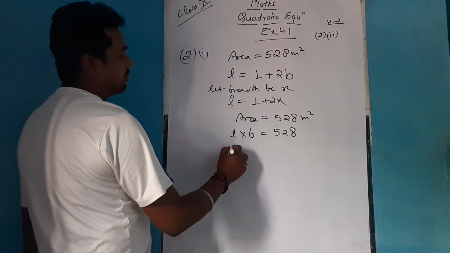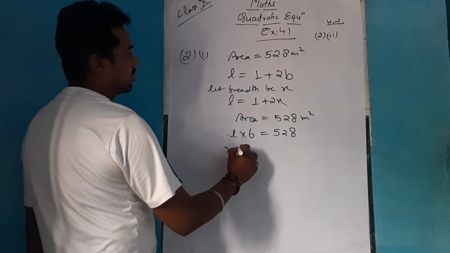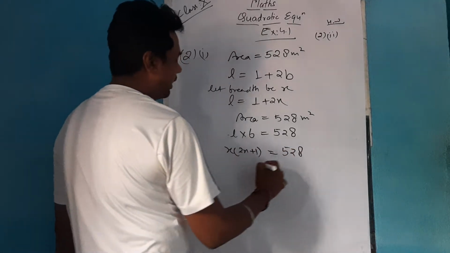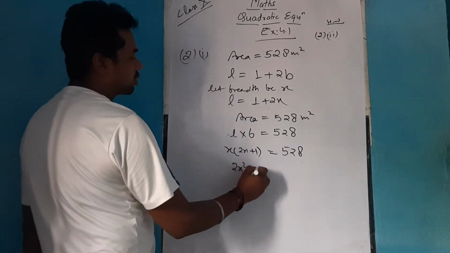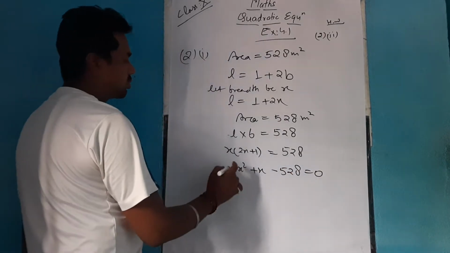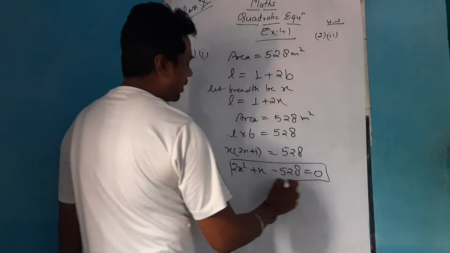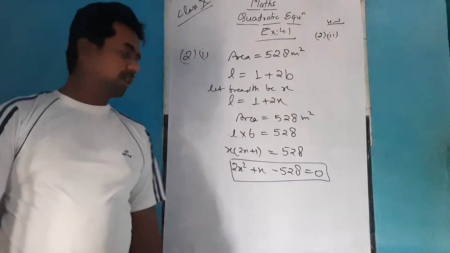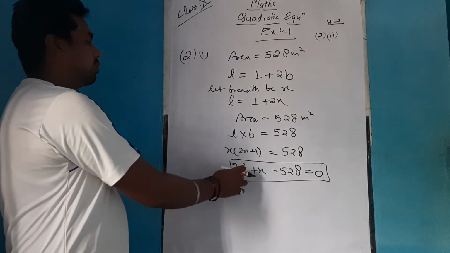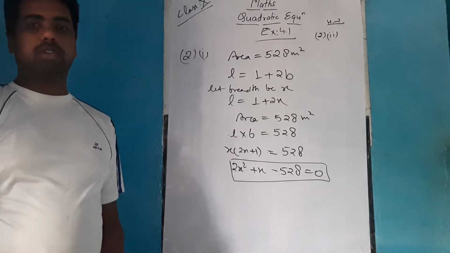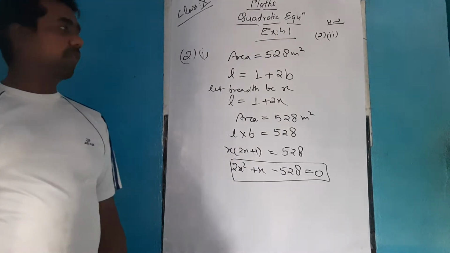So that becomes x times (2x plus 1) equals 528. So this becomes 2x square plus x minus 528 equals 0. This is the quadratic equation which you get according to the given condition. Now I'll solve and get the value of x also.